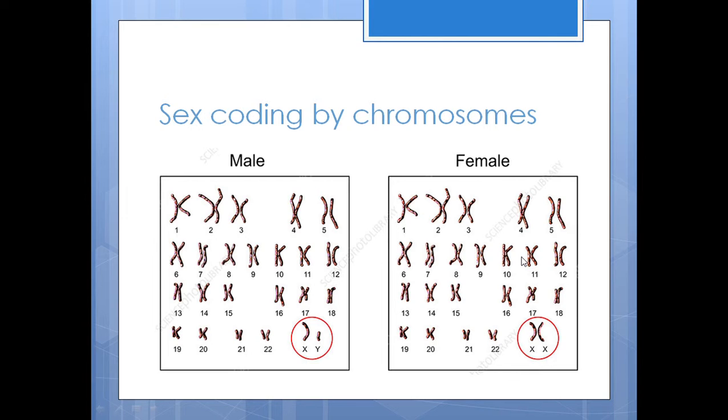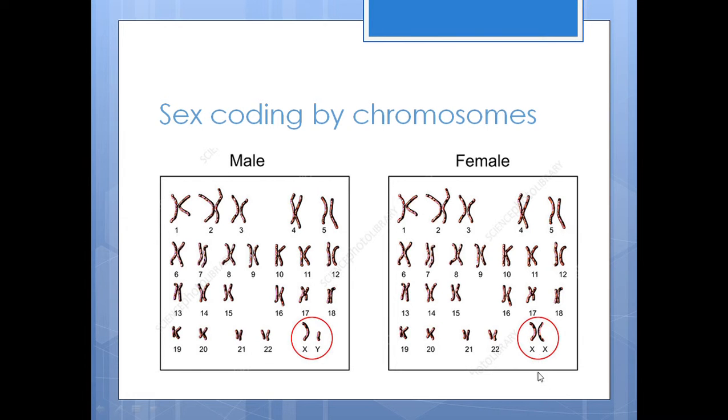In this case, sex coding is performed by containing a proper set of chromosomes for each sex. If the last pair contains 2 homologous chromosomes, so if they have a similar length and pattern of bands, it means that we've got a female.